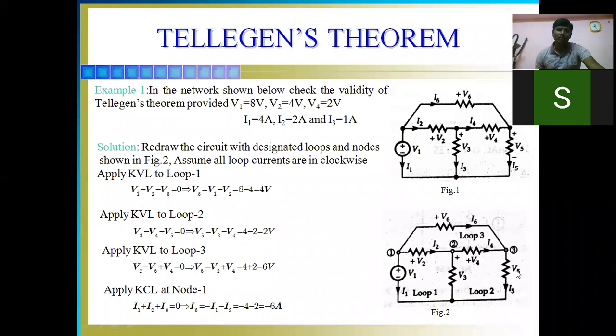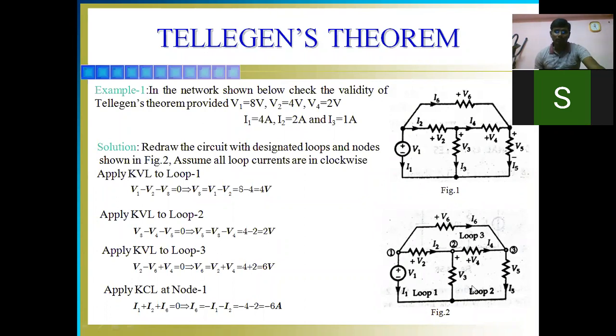Therefore, V3 minus V4 minus V5 is equal to 0. From this, V5 is equal to V3 minus V4, where V3 is equal to 4, what we calculated, and V4 is already given as 2. 4 minus 2 is equal to 2.